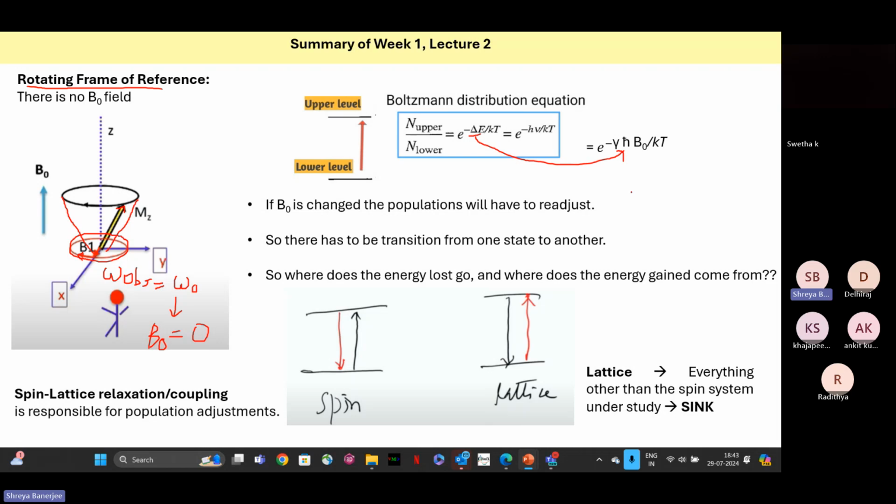So what this means is that if B naught is changed, the population difference also changes. So in order for this population to change, transition can occur in either direction, upper or lower.